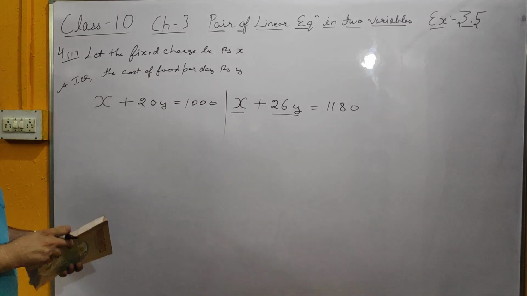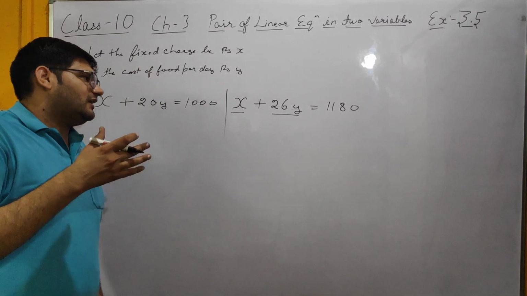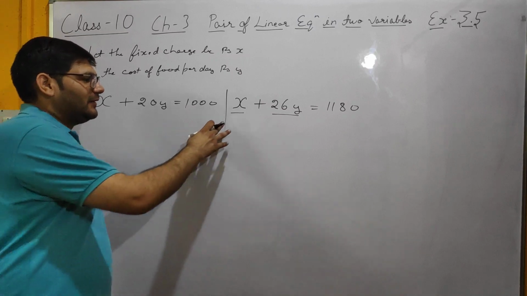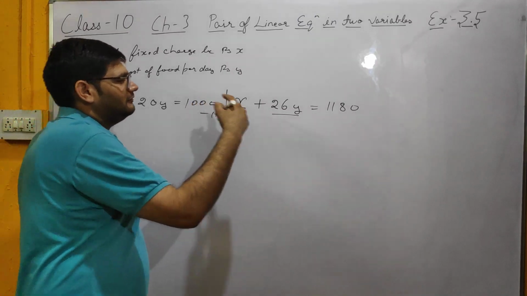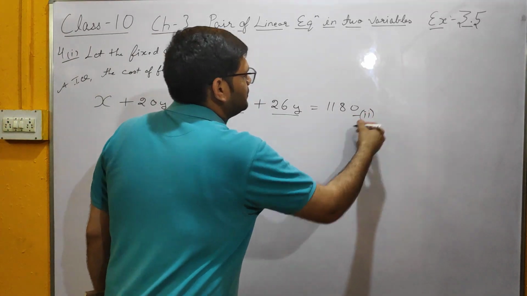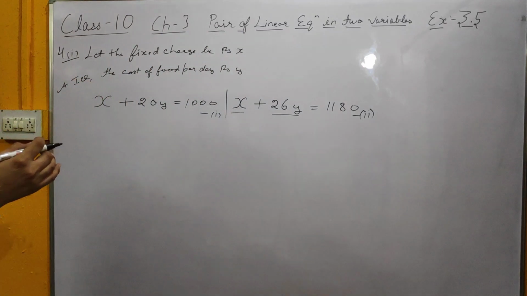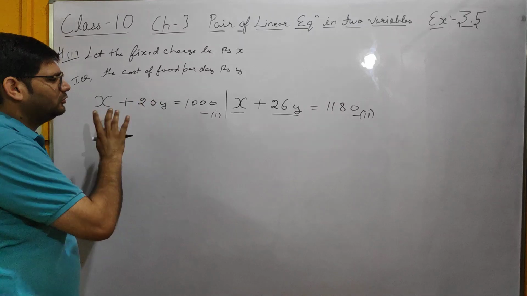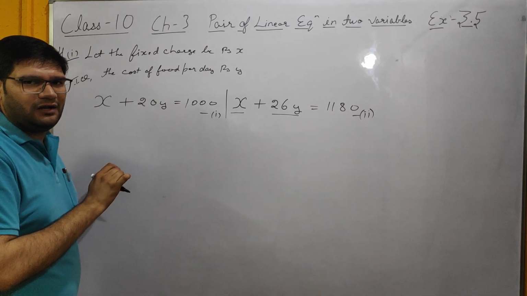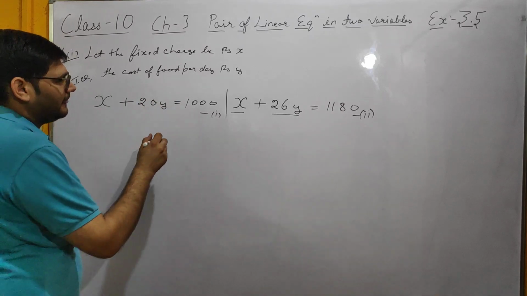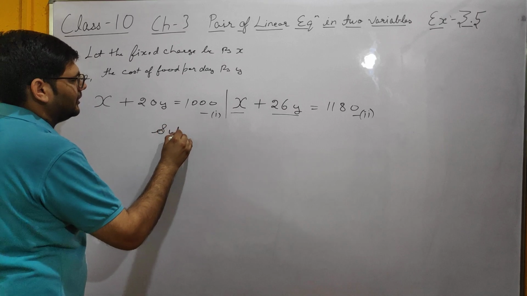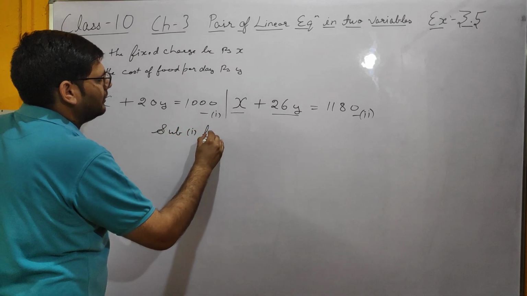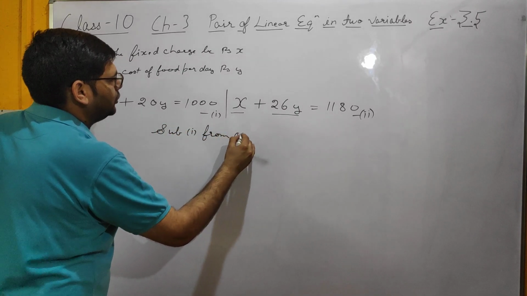Now, actually I want you to solve them, but okay, I'll solve one of them, the rest you can solve. Whenever you find equations in this way, where X and X are both the same, use elimination. Subtract 1 from 2.